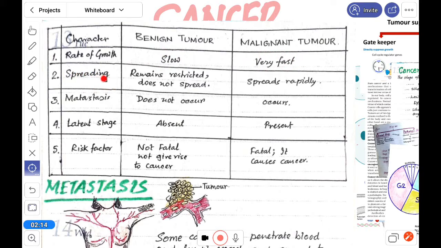Here the spreading remains restricted, but there it spreads rapidly. Metastasis, I will discuss afterward. It does not occur here, but there it occurs. Here it is a latent stage. It is absent here, present there, and the risk factor was already told.